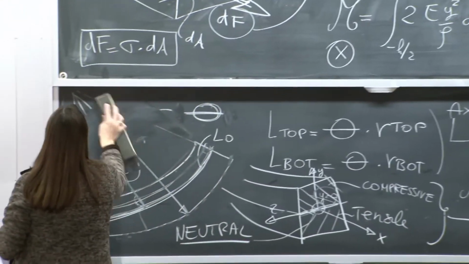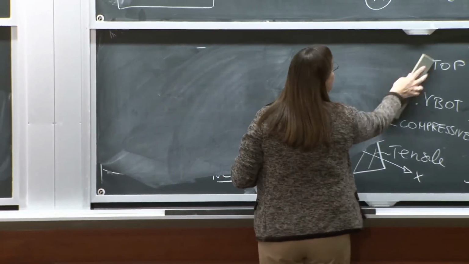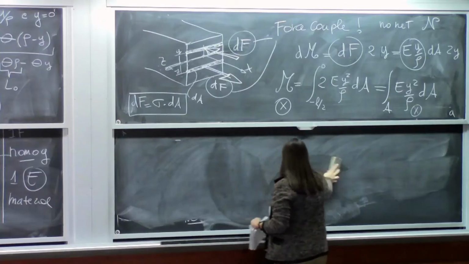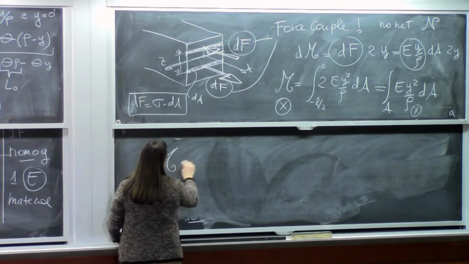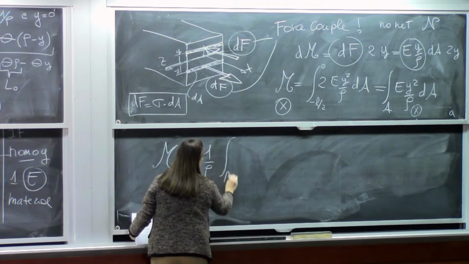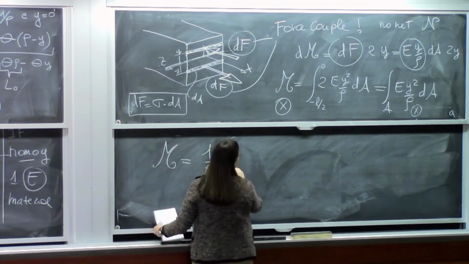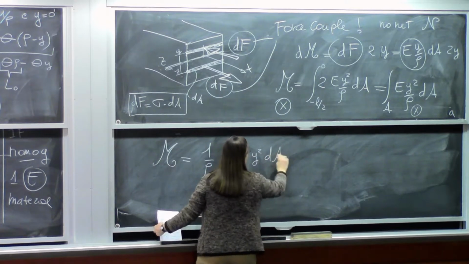Same rabbit. Because now what I pull out of the hat is the 1 over rho. And man, I'm done. Because now I have my moment is equal to 1 over rho times the integral over the area of E times y squared dA.